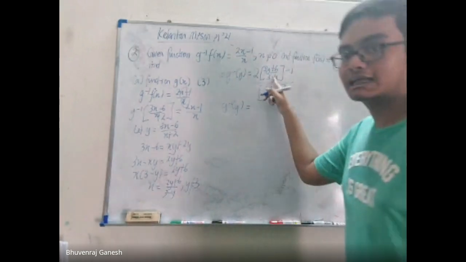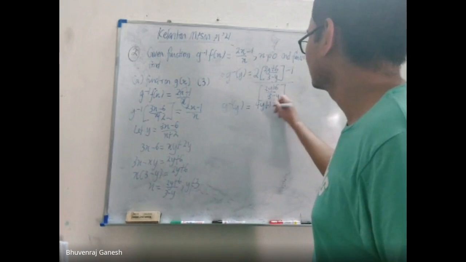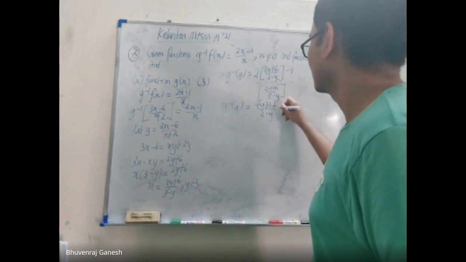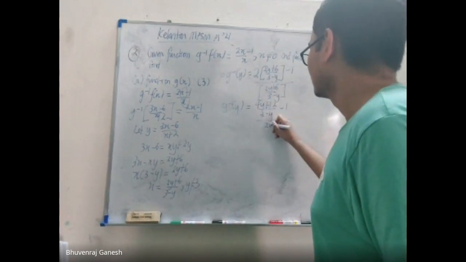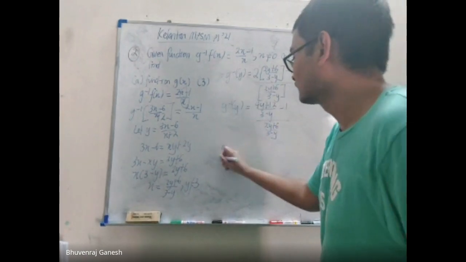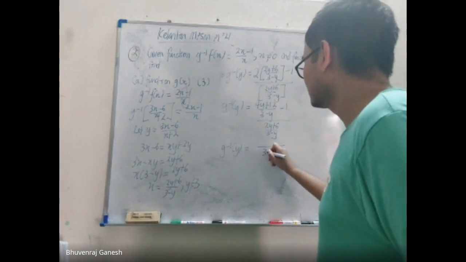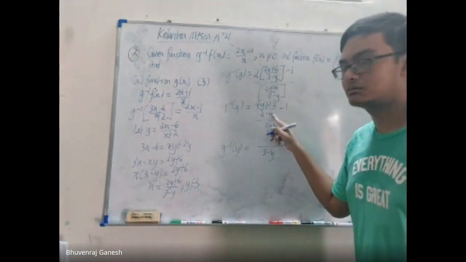So from here, you have to expand this fraction. So you will get 4y plus 12 over 3 minus y, minus 1, over 2y plus 6 over 3 minus y. So just continue solving. Make sure you make the same denominator for the numerator on top here.